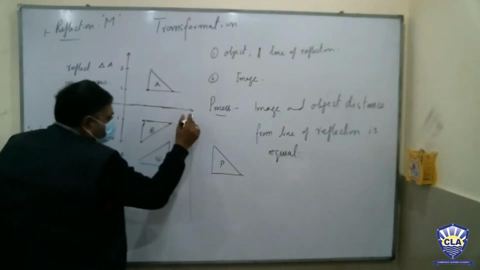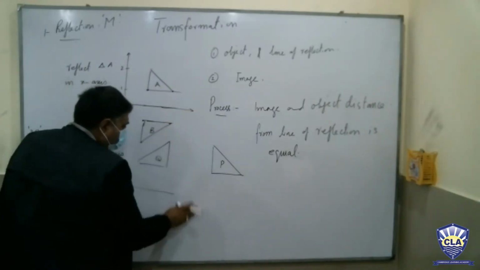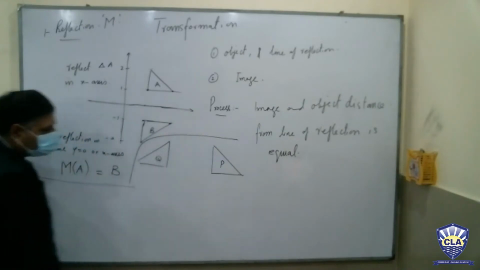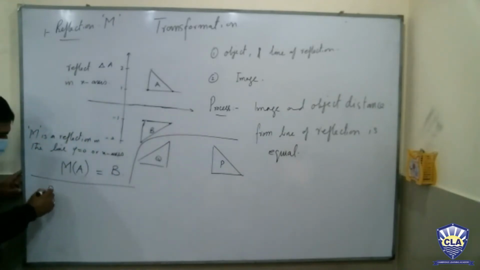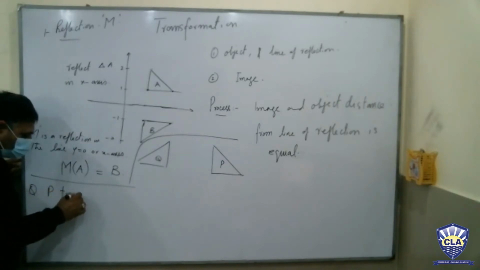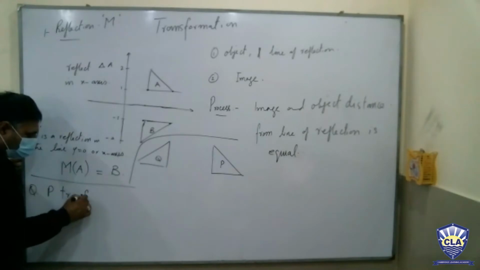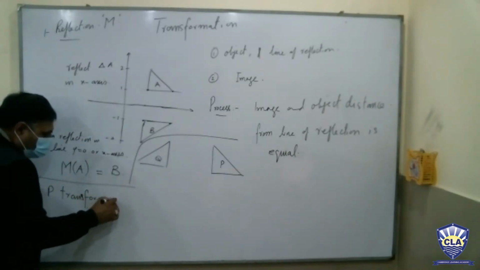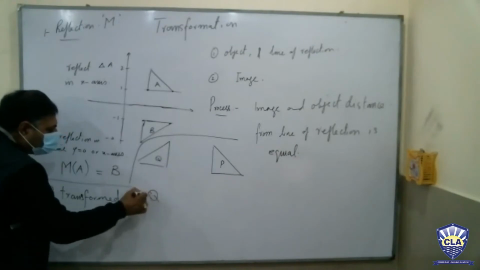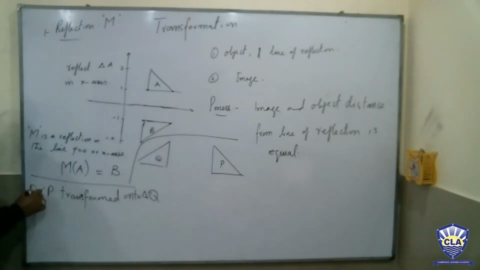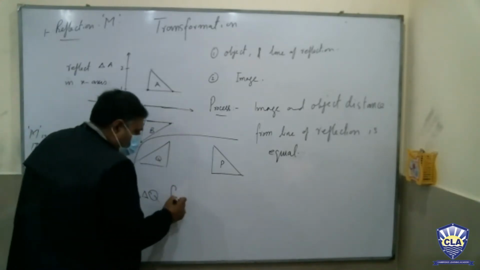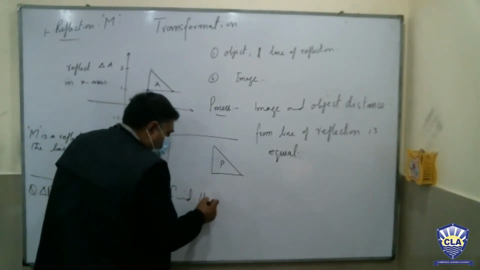Now question number 2. Triangle P is transformed onto triangle Q. Find the transformation.